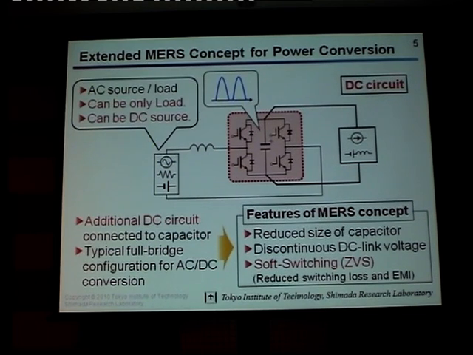This circuit diagram looks like a conventional power converter topology, but the features of this MASS concept are the reduced size of the capacitor and a very unique voltage waveform in the capacitor, a discontinuous DC link voltage like that. And by using this unique waveform, we can achieve soft switching, zero voltage switching.